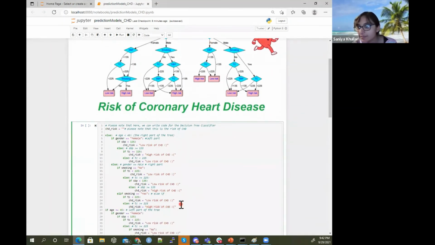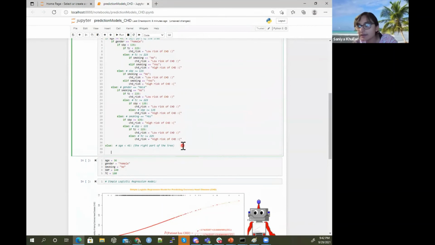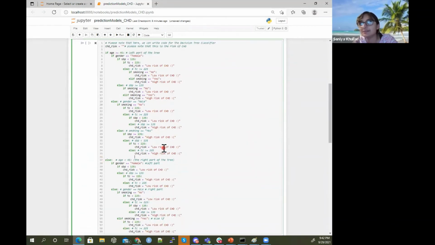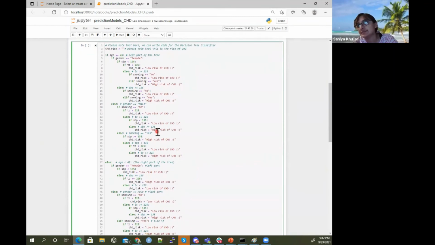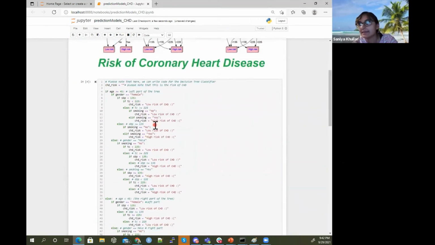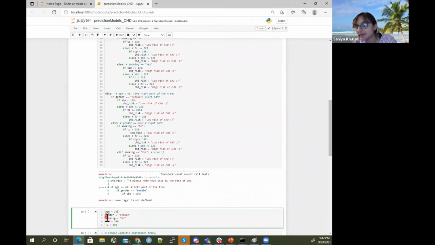And then you can just bring this here. See, I just put it like this. So this is typically how you should do it. You're going to have the same code here now. And now we need to have variables like age, gender, smoking, systolic blood pressure, and the total cholesterol TC.